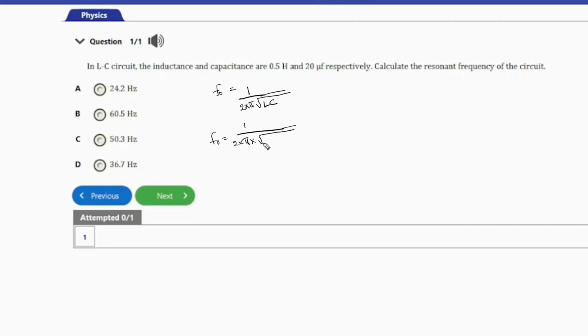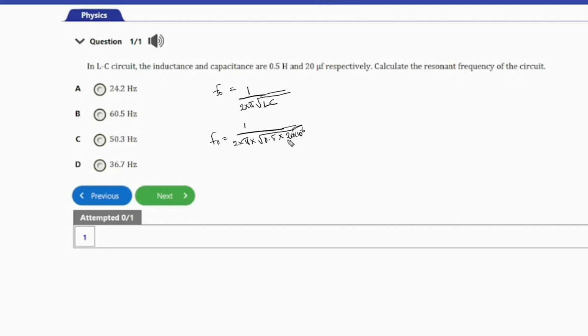So in that case, we are going to input all here. So we'll have F0 is equal to 1 over 2 times π times root 0.5 times 20 times 10 to the power of -6, and that's it.